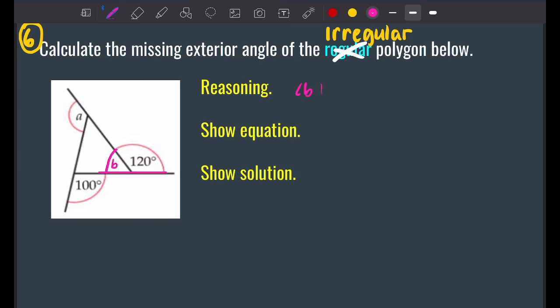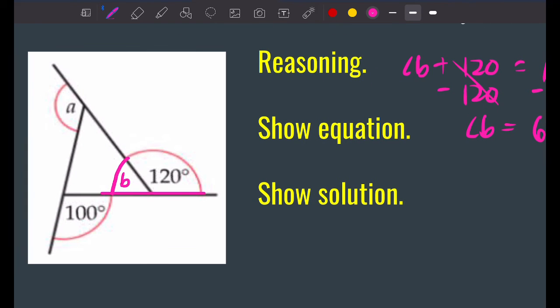Angle B plus 120 is equal to 180, because they are supplementary angles. So minus 120 on both sides, angle B is equal to 60 degrees.